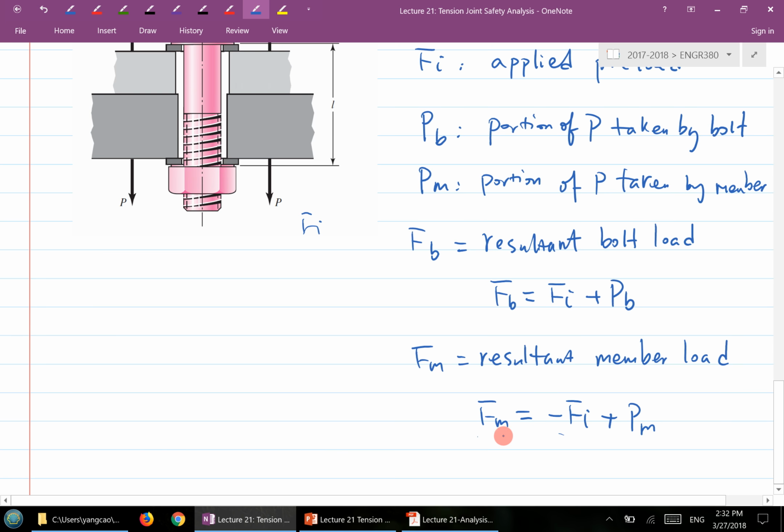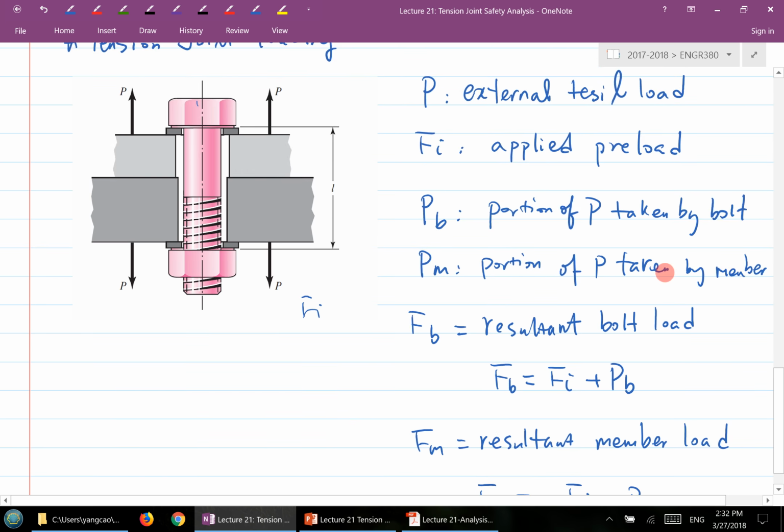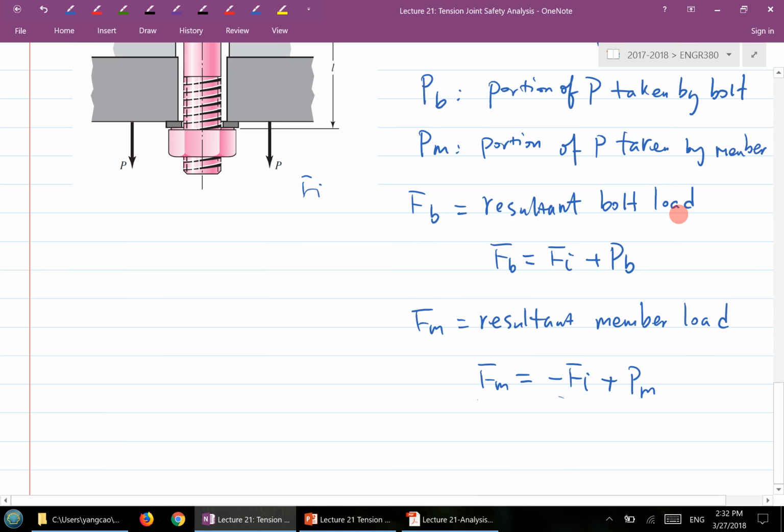If it's positive, there's no compression force on the member anymore, which means the two members are separated. And that's exactly something we have to prevent from happening, part of this joint design. So technically speaking, we want Fm to be less than 0.